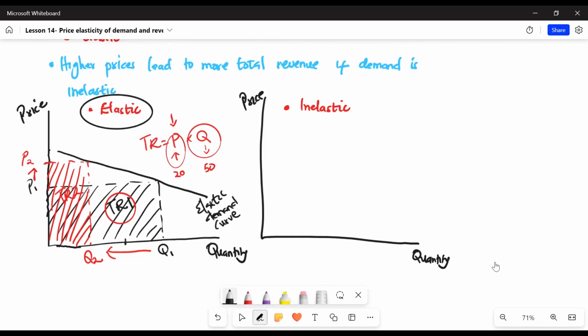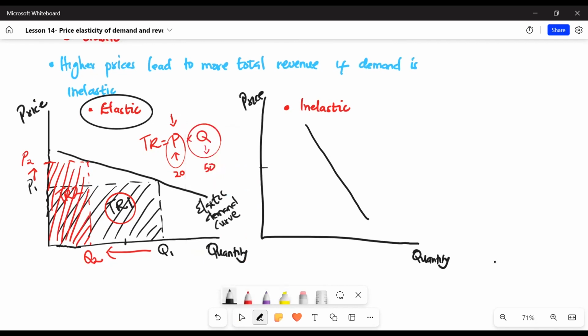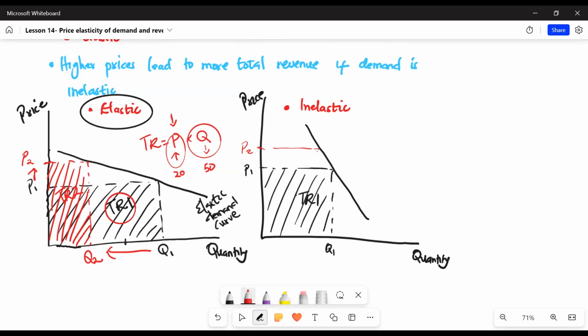When a good has inelastic demand, the demand curve is steeper. So assuming we start from price P1 and quantity demanded Q1, this shaded area now becomes our total revenue, which we can call TR1. Now, if the price were to increase to P2, quantity demanded will reduce to Q2.